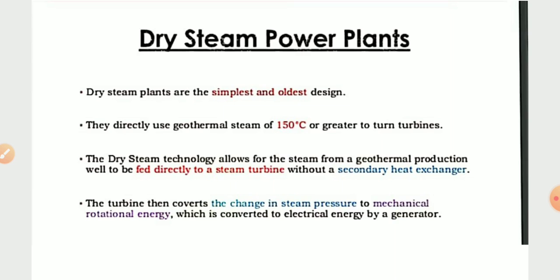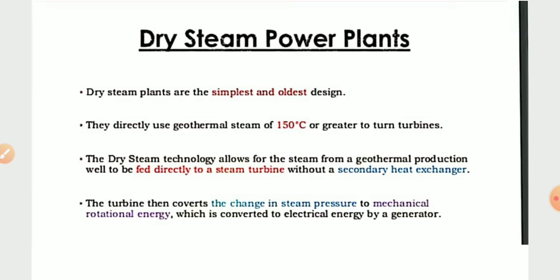The dry steam technology allows the steam from the geothermal production well to feed directly to the steam turbine without a secondary heat exchanger. So it is fed directly to the turbine from the geothermal production well, and they do not use any secondary heat exchanger.